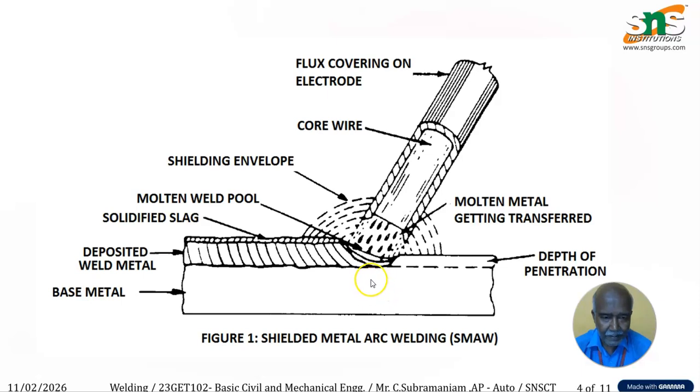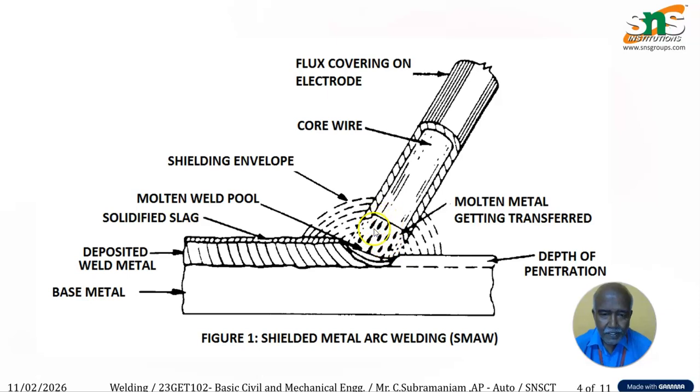When the electrode coated with flux comes near the base metal, the distance between the base metal and the welding electrode must be 3 mm to 5 mm only. In this way, due to the electric current passing, the electrode melts, and it melts the base metal also. So fusion is created here.